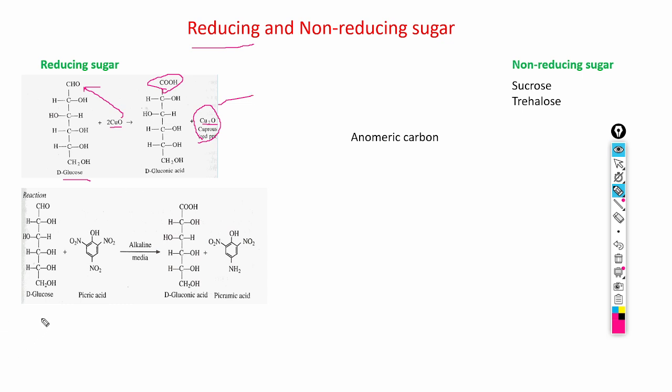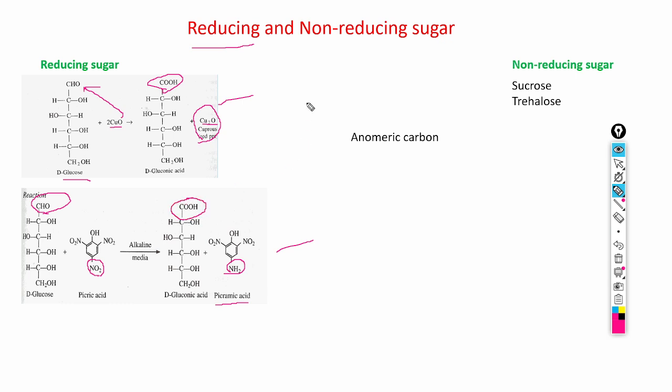The second one is picric acid. In picric acid, the NO2 group is reduced to form NH2, and the whole compound is called picramic acid, and this is called the picric acid test. Here also the aldehyde group is oxidized to form COOH.